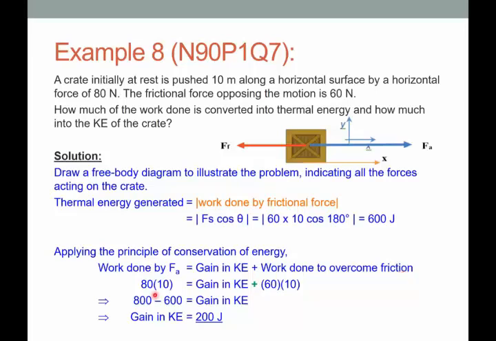Substituting in the numbers, work done by the external force is 80 times 10, equal to the gain in KE plus 60 times 10, which is the work done by friction. So the gain in KE equals 200 joules.